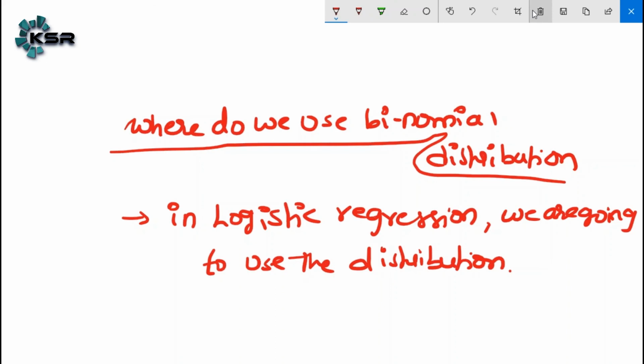When we discuss logistic regression in detail, we'll discuss the binomial distribution again. But as for your point, where do we use binomial distribution as an algorithm? In logistic regression, but it is too early to explain logistic regression.